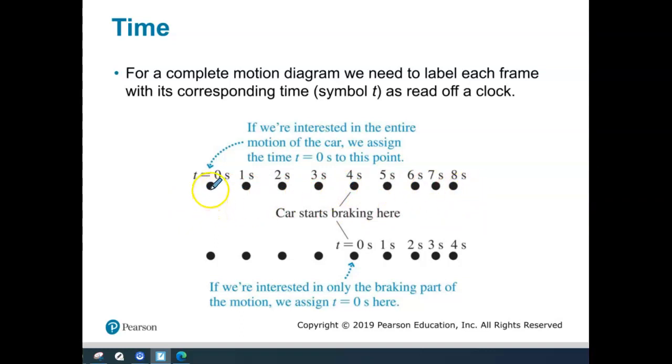So if we had it start here at 0 and it moved to 8, we might want to incorporate all of those times, but other times we might just want to focus on when something is happening. So maybe this car starts braking here, and we just want to focus from here to here. So we can start time, according to our problem, when it's appropriate at certain instances, and analyze the motion at that time accordingly.